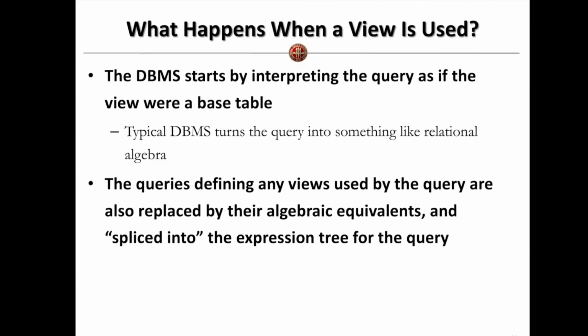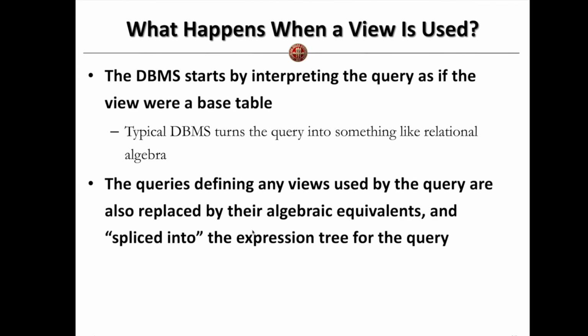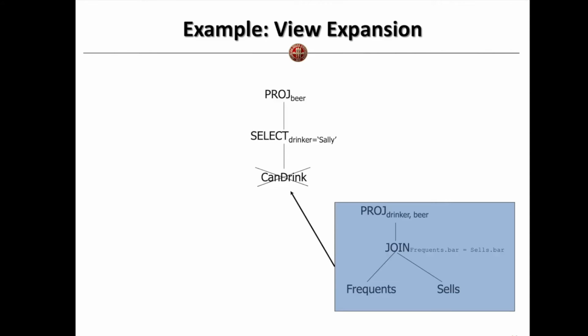What does this mean? Just for the example we show here, we do select beer from CanDrink where drinker equals Sandy. We represent its expression tree as shown here. Based on CanDrink, we do the selection drinker equals Sandy, and then the projection of the beer information. We treat it as if it was a base table.